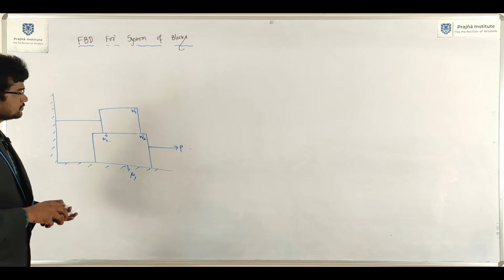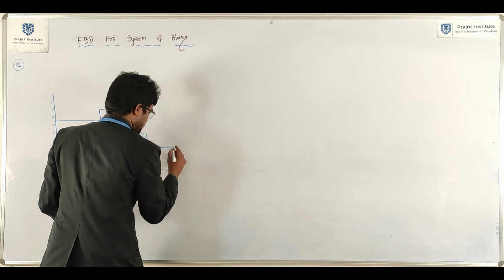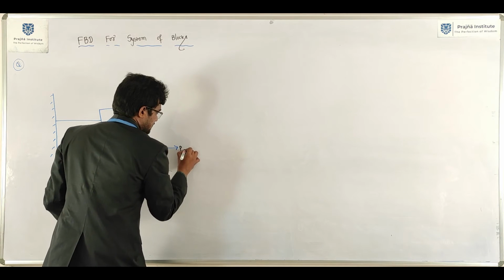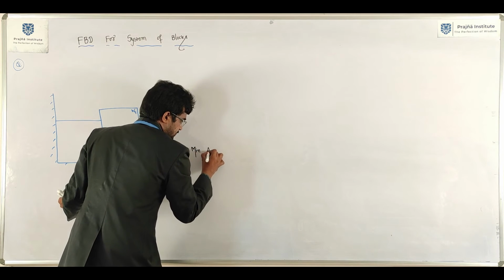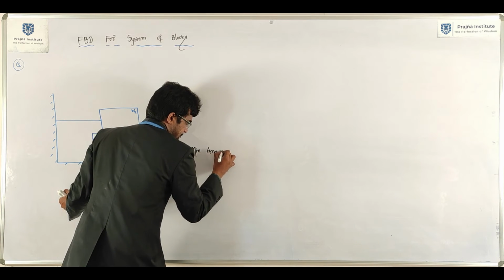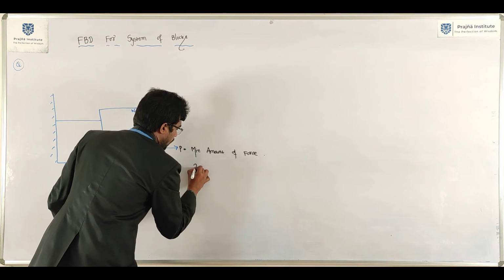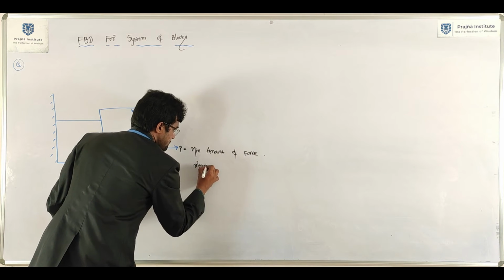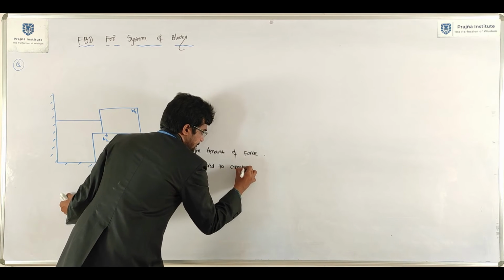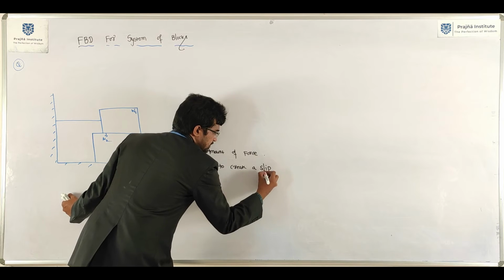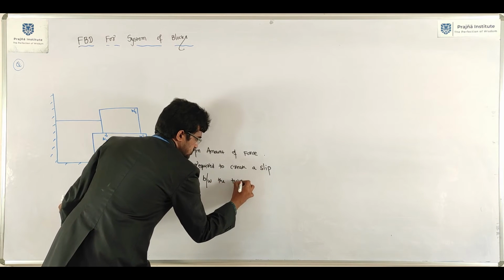P is the minimum amount of force required to create a slip between the two blocks.